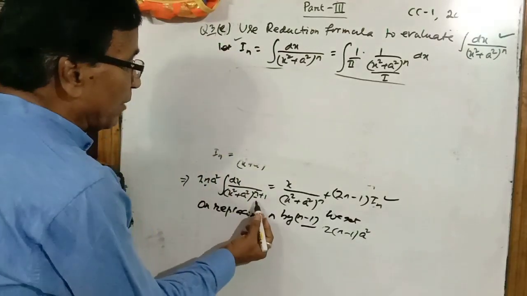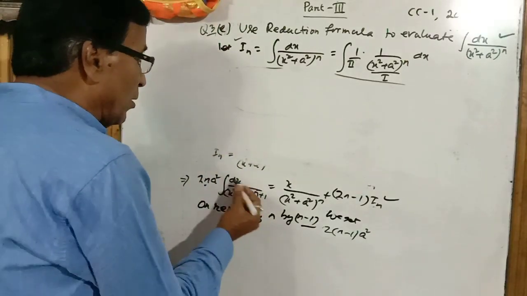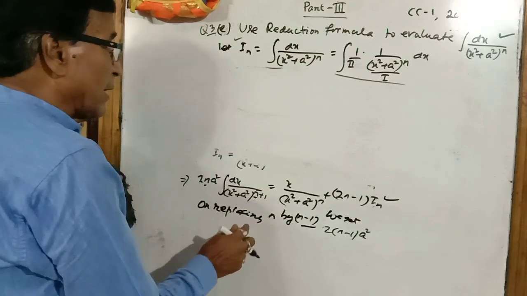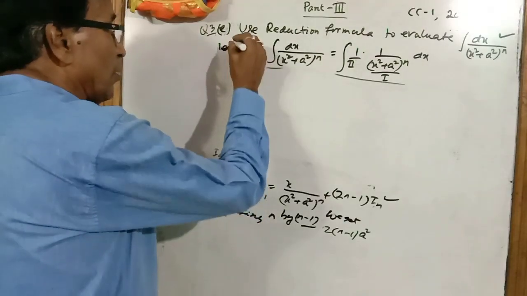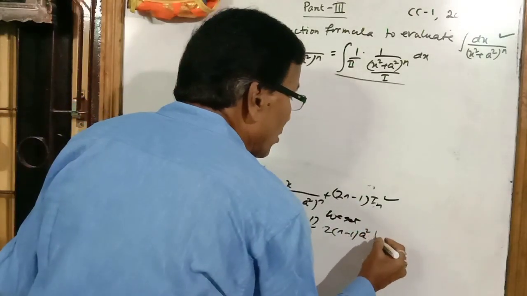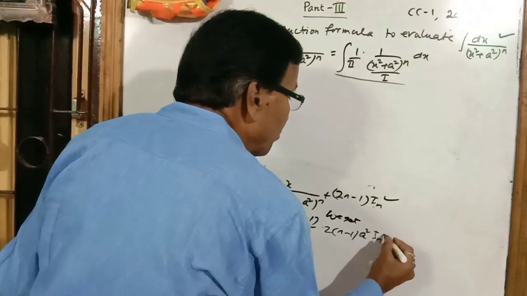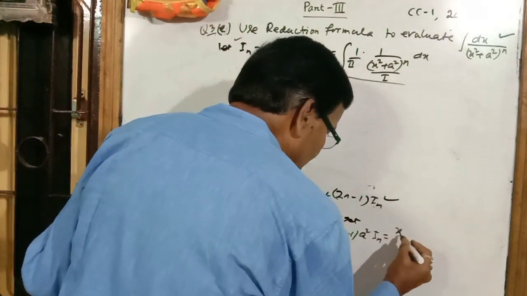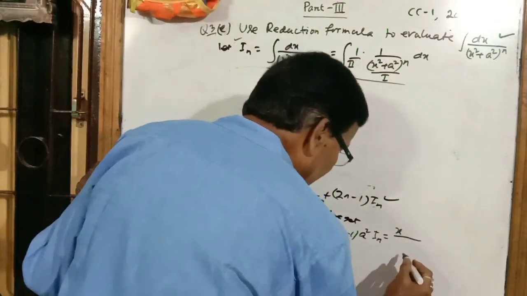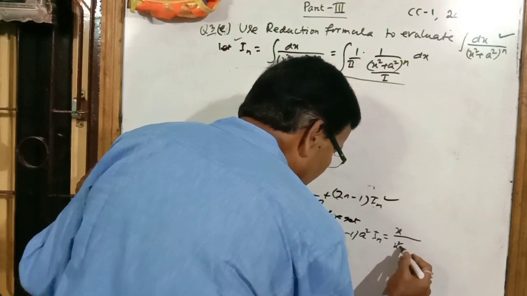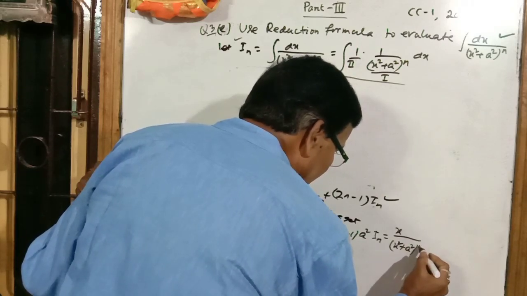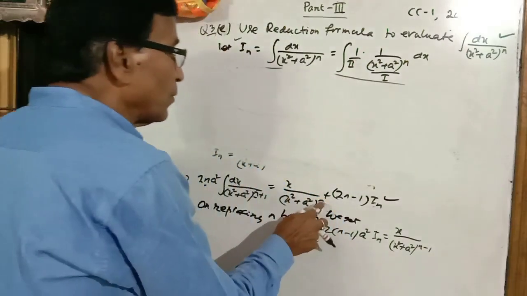Here if you replace n by n minus 1, then n minus 1 plus 1 cancels out. So this whole to the power n is equal to your I subscript n. So it is equal to I subscript n is equal to x divided by (x square plus a square) whole to the power n minus 1.